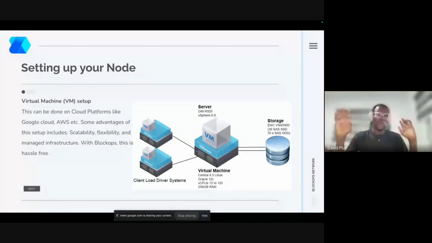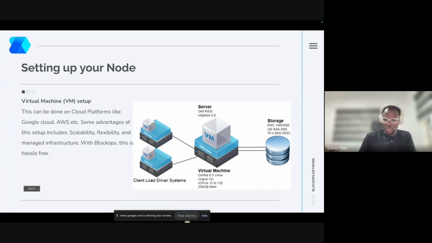You're just clicking buttons, just like, let's say you are trying to set up Instagram, WhatsApp, or Twitter. You just click some button, follow the instructions. It's as simple as ABCD, I could tell you. So that's also how the tools we have right now at Blockops work.